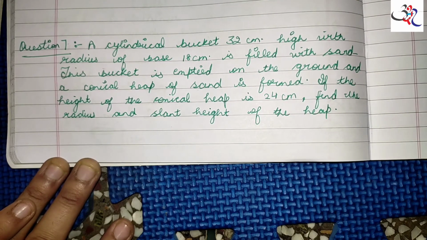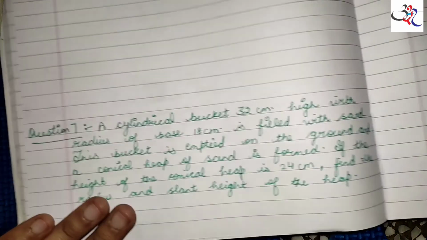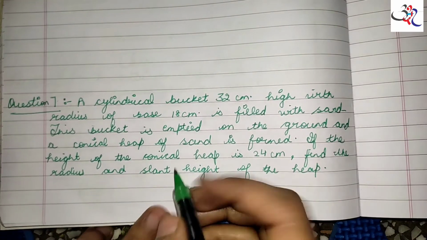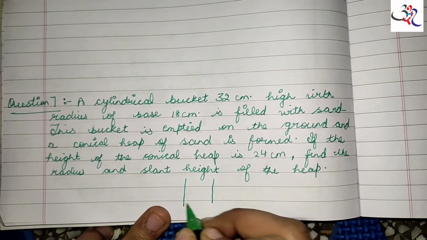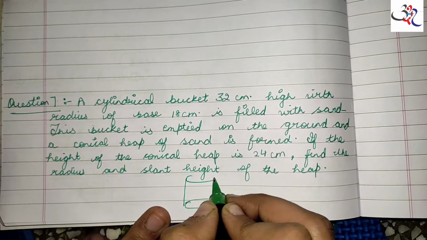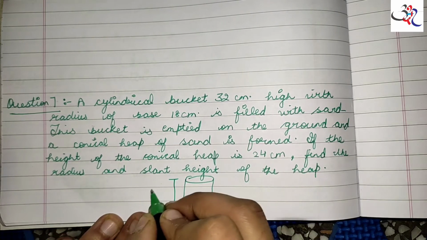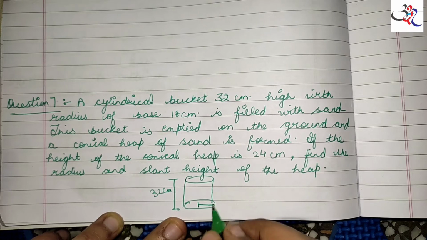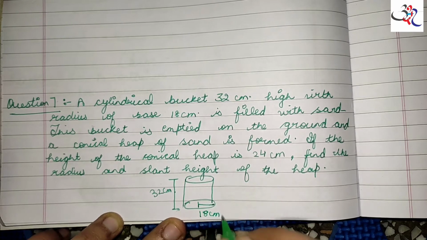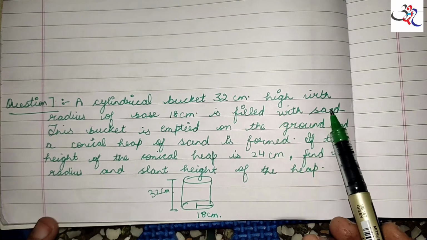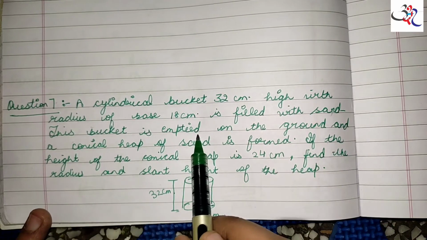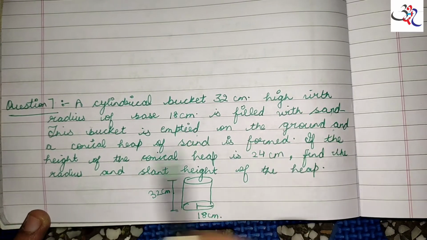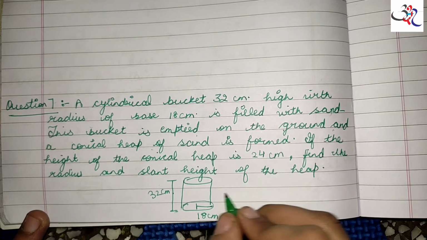Question number 7 says that a cylindrical bucket 32 centimeter high, 32 centimeter height, and with a radius of 18 centimeter is filled with sand. This radius is given to us, 18 centimeter. Now this bucket is emptied on the ground and a conical heap of the sand is formed.